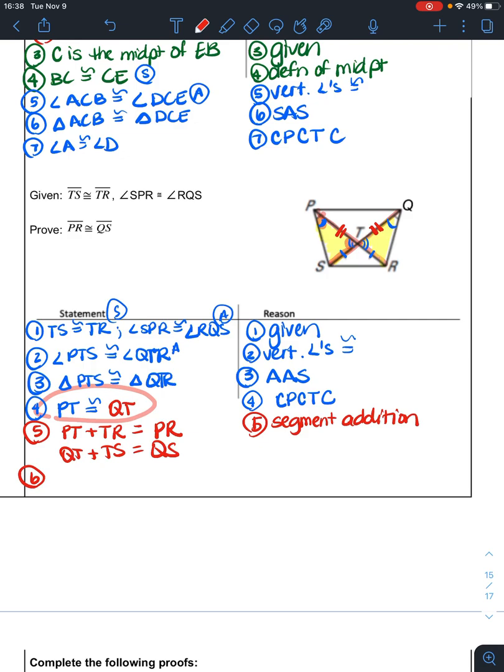So now I've got QT is equal to PT, and TS is equal to TR. Then what that tells me is that PR is equal to QS, which is what I was trying to get to. Okay, so substitution.